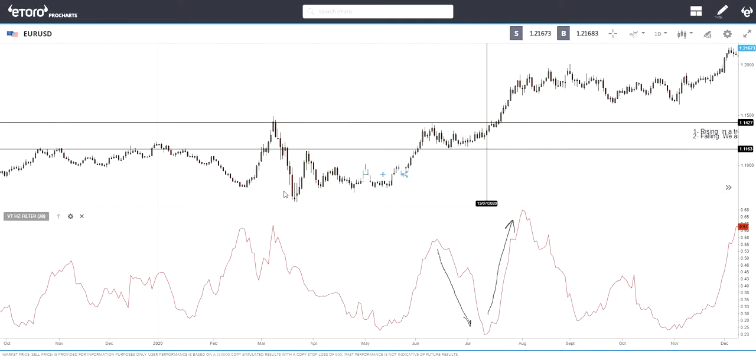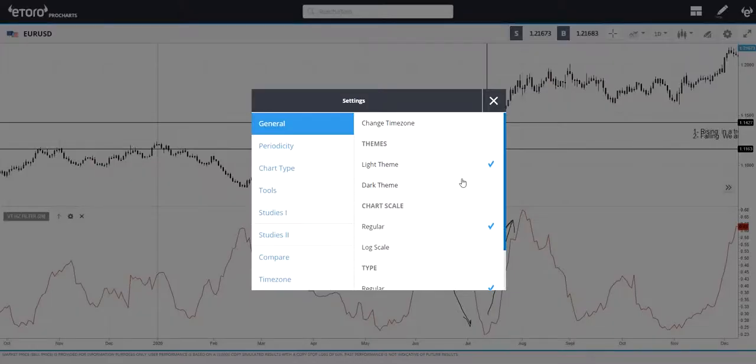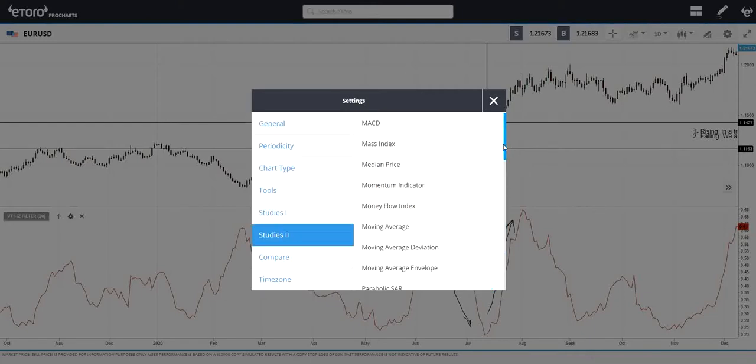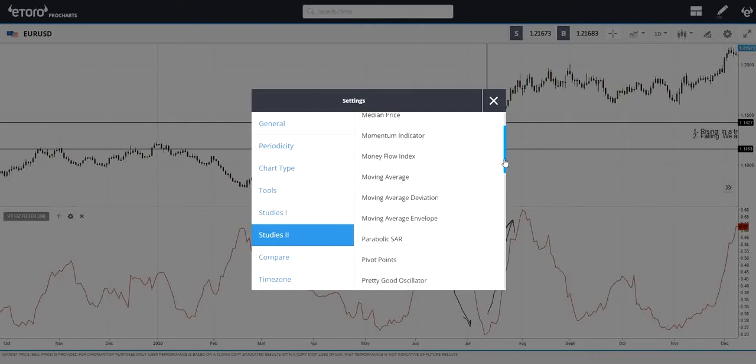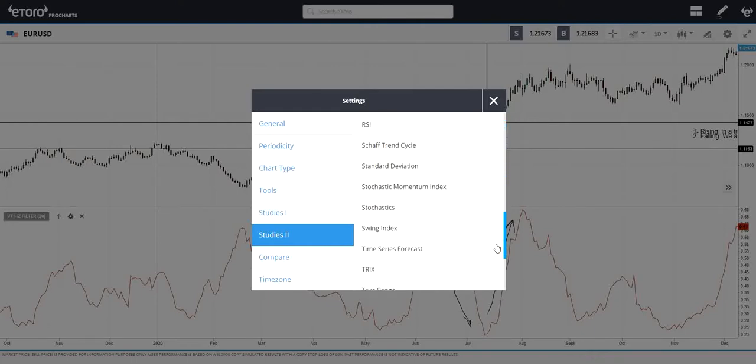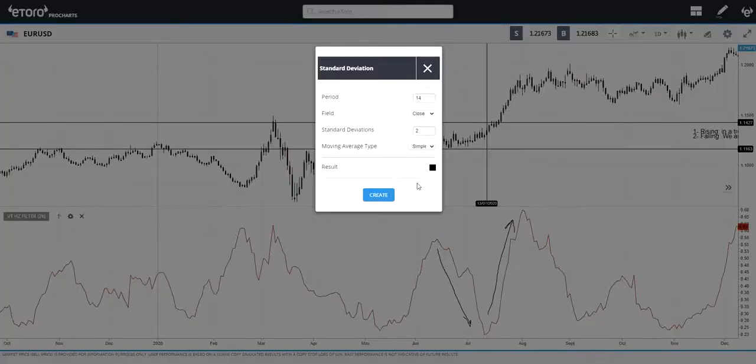But the thing is, because the volatility is too much here, this can be interpreted as a range market in this period. So if you want to add a volatility indicator maybe to your chart, one of them could be standard deviation. So you go here and add a standard deviation. I'm just leaving the numbers for now as it is.